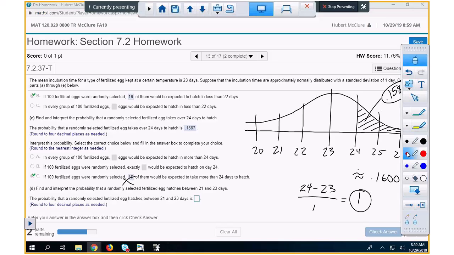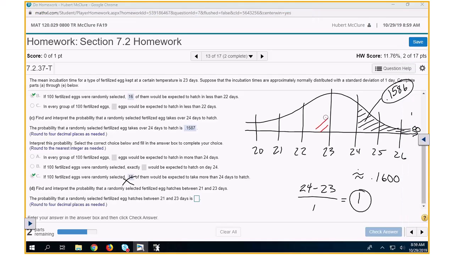So you're looking for this area, which we know is going to be 34 and what? 13.5, which is, thank you, 47.5. So you know it's going to be approximately 47.5% or 0.4750.